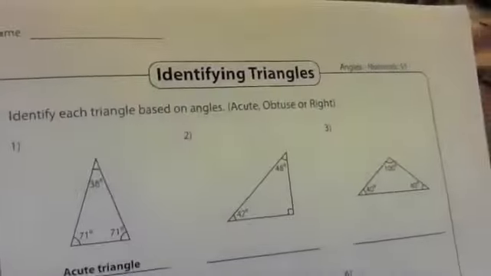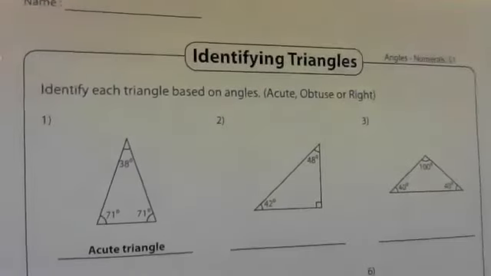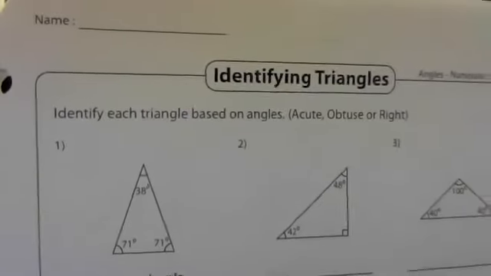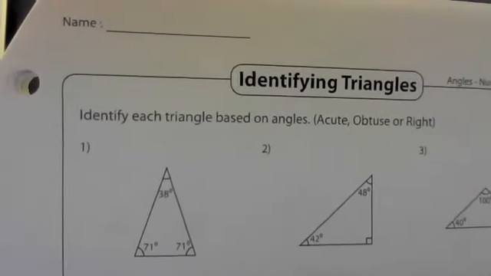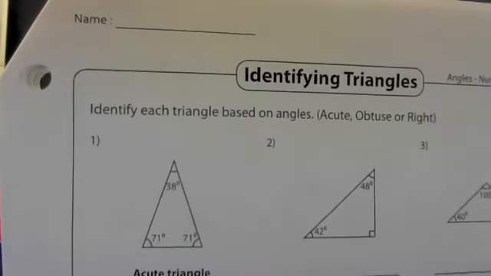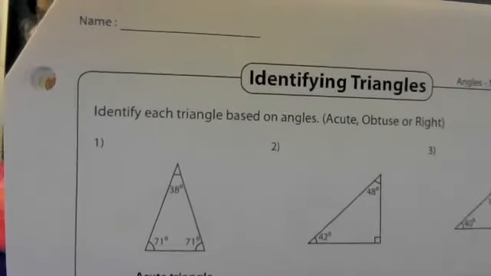We're going to identify these triangles based on angles. Now it's going to be the same. So look at number 1. If you look at the angles, I'm on page 3, you have 2 angles that are equal. If you have 2 equal angles, then you're going to have 2 equal sides. So what kind of triangle is this called? Oh, sorry, Ben. My bad.